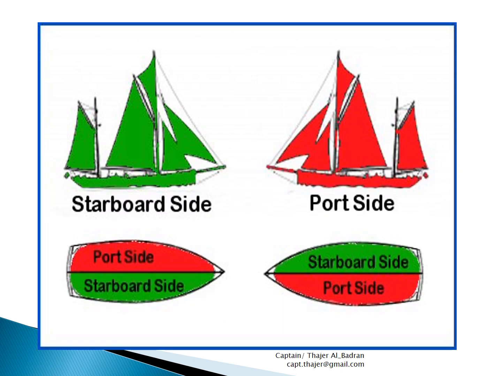This slide shows you the color of the starboard side, the right hand, and the port side, the left hand, and these are the two longitudinal halves of the ship, the right starboard side and the left port side.